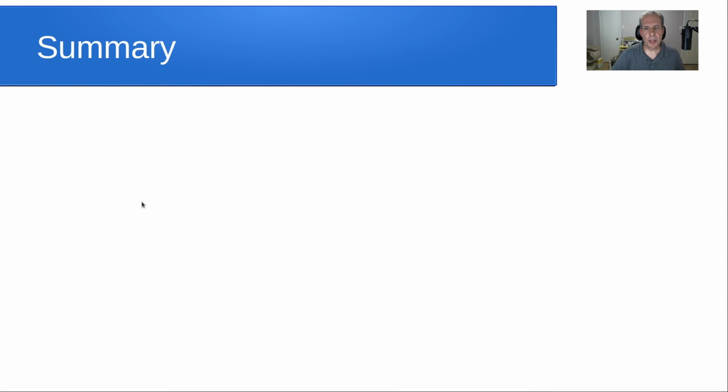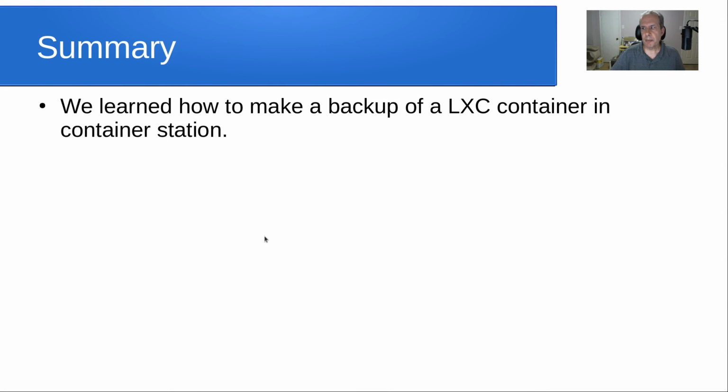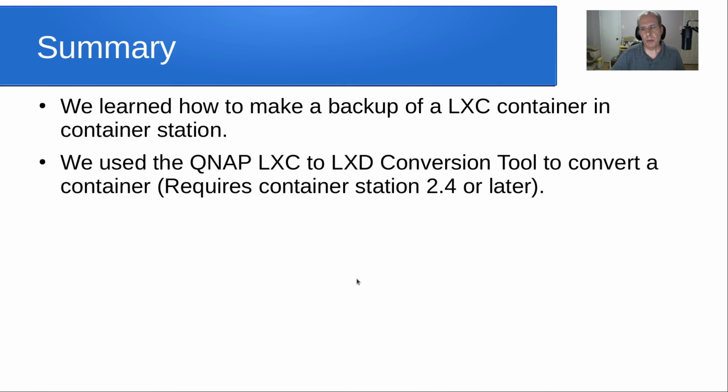So, in summary, we learned how to make a backup of an LXC container in Container Station using the export command. We used the QNAP LXC to LXD conversion tool to convert a container, which by the way requires Container Station 2.4 or later.